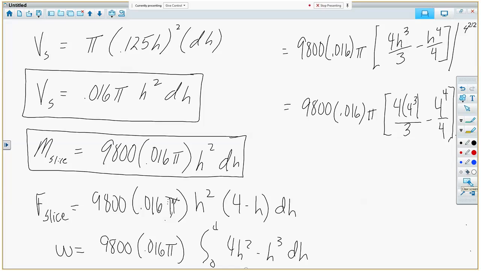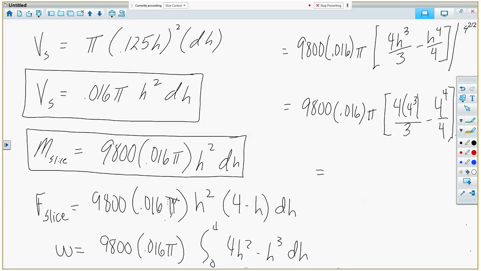What's 9,800 times 0.016? Calculator drill team, let's go. Somebody said 153, and somebody said 156.8. I used more decimals.